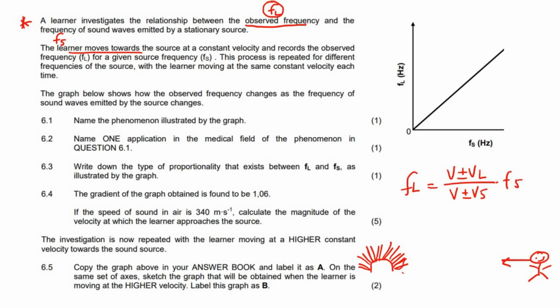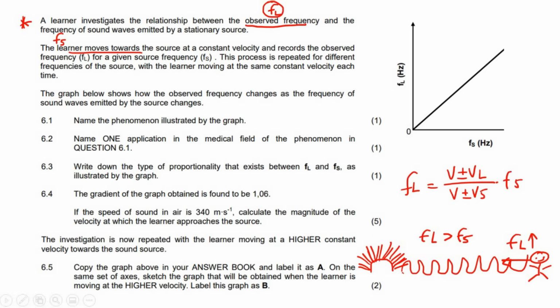Remember, there are sound waves being produced. But if you are going towards the source, you're going to make these sound waves become more compressed. So you're going to get something more like this. Well, let's do it a bit better. Can you see that they are more compressed? So we say that the frequency that the listener hears is going to increase, or it's actually going to be larger than the frequency of the source.